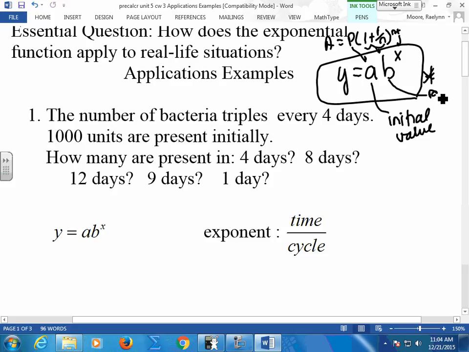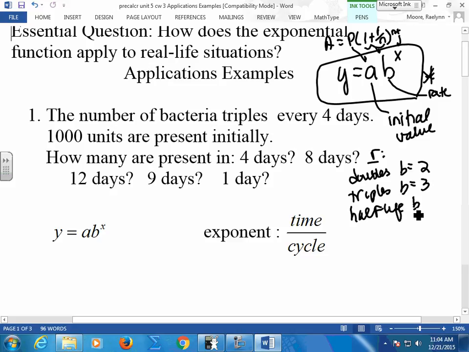B is your rate. If something doubles, we're going to make B equal 2. If something triples, B is equal to 3. If something takes a half-life, what do you think B is? 1/2. Okay?